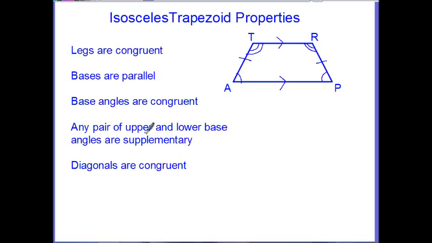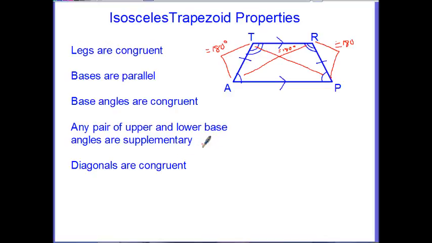Next, any pair of upper and lower base angles are supplementary, which means T and A are going to sum to 180 degrees. Angle R and angle P are going to sum to 180 degrees. Or if we matched up T and P or A and R, they're going to sum to 180 degrees.